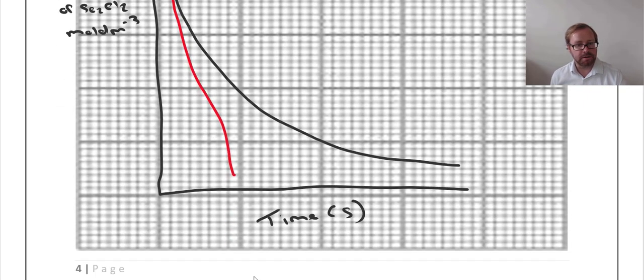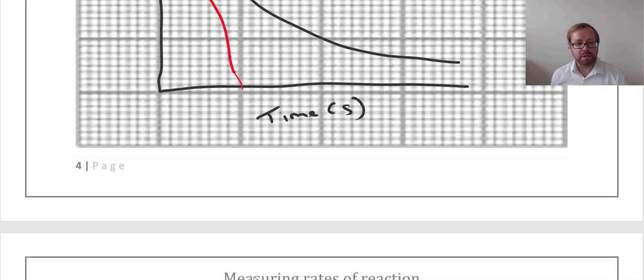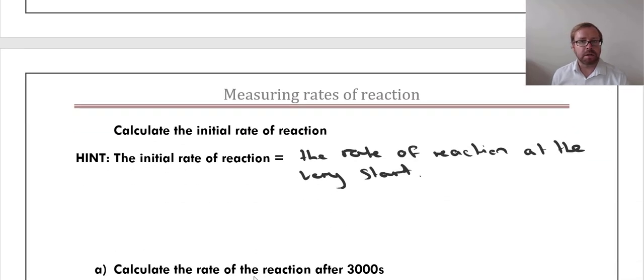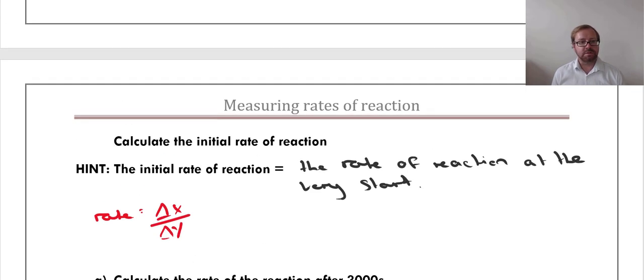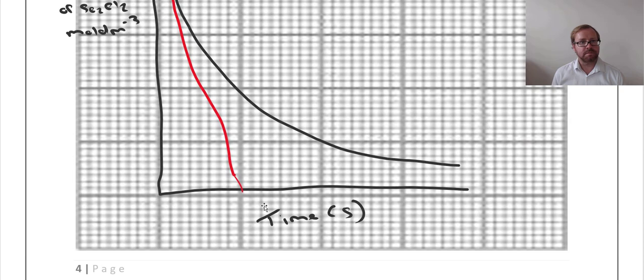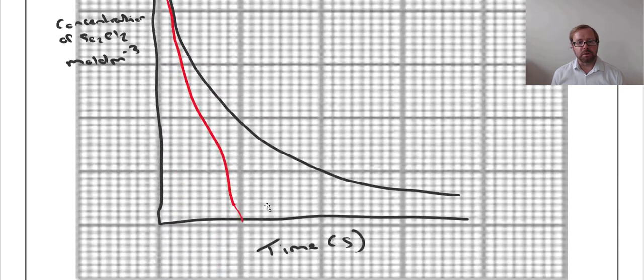I hope you are. Now, I'm not going to do this calculation, but I can work it out as rate equals the change in x over the change in y. Again, here I can calculate the rate of the reaction after 3000 seconds by drawing a line.